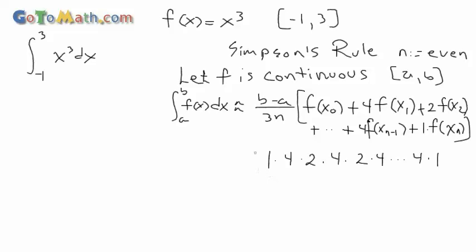In the particular problem we're doing, n happens to be 4 subintervals. Our coefficients are going to be 1, 4, 2, 4, and 1, where this will be x naught, x1, x2, x3, and x4.